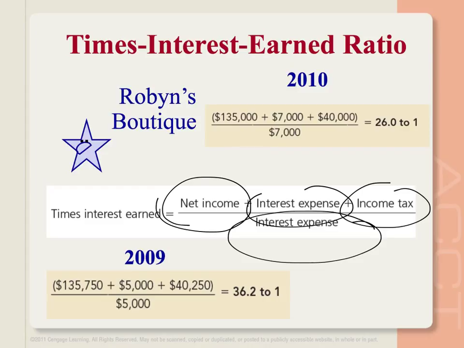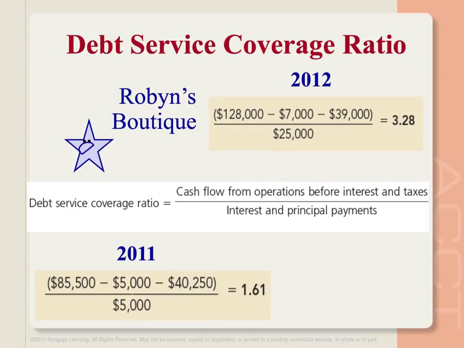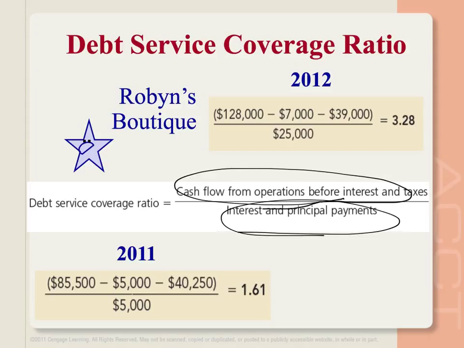Another one that's often used is what we call the debt service coverage ratio, where it takes our cash flow from operations before interest and taxes and then divides it by our interest and principal. This ratio is purely a measure of our ability to pay back our creditors.